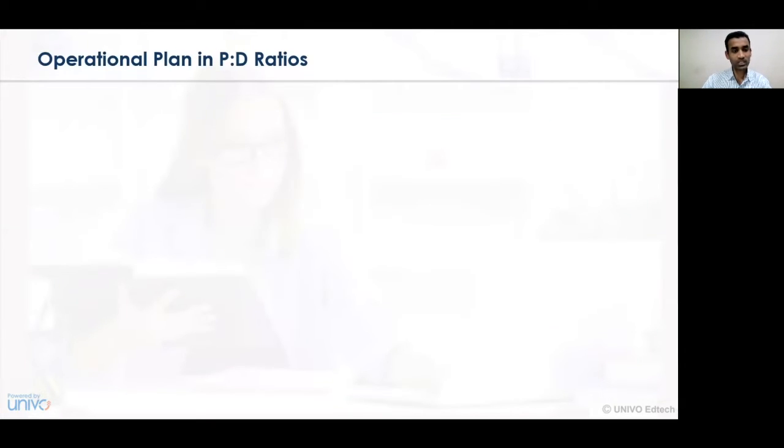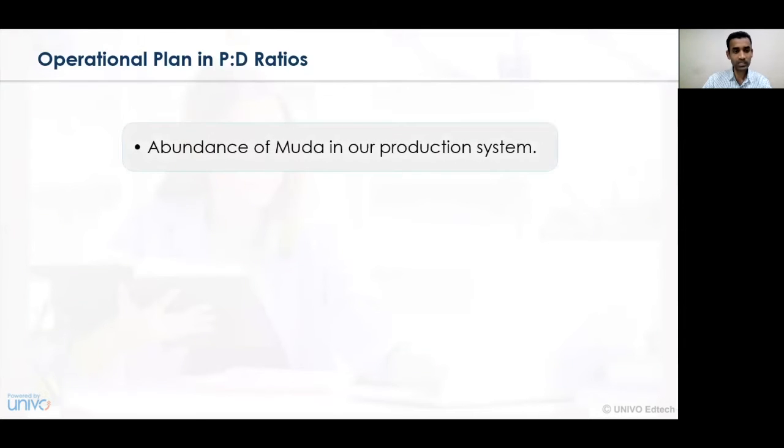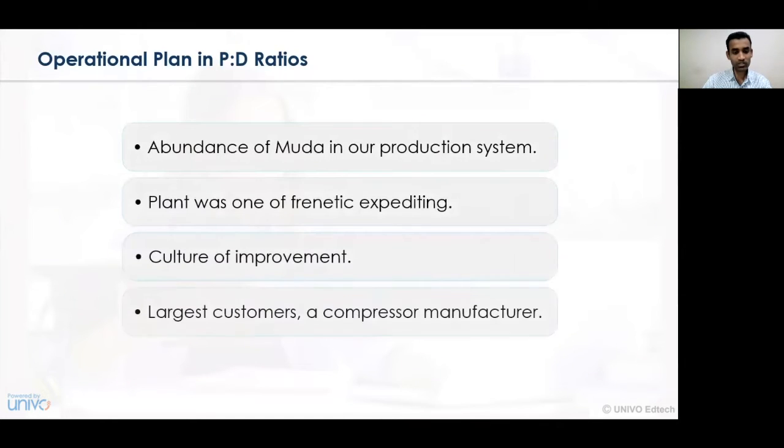Now let's understand the concern of operational planning in understanding the PD ratio. The first is the abundance of MUDA in our production system. In operations management, MUDA means the waste that is generated. The abundance of MUDA is a consideration wherein the operational plan may fail at a certain stage, and hence the production system may differ.